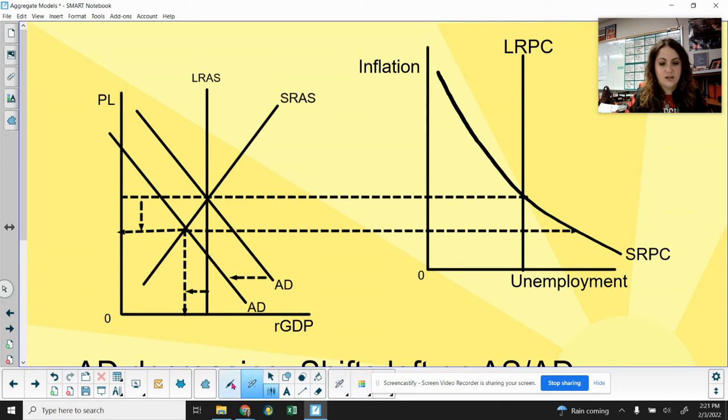And so here is our original equilibrium at full employment at point A. But when aggregate demand decreases and shifts to the left, it's going to create a downwards movement on our short run Phillips curve to point, let's call this point C. So point C is how you would show a recession. Look, prices are falling, inflation is falling, and unemployment is really high.